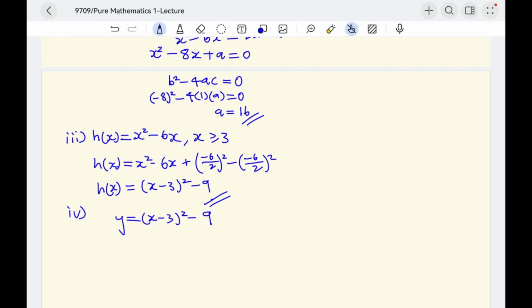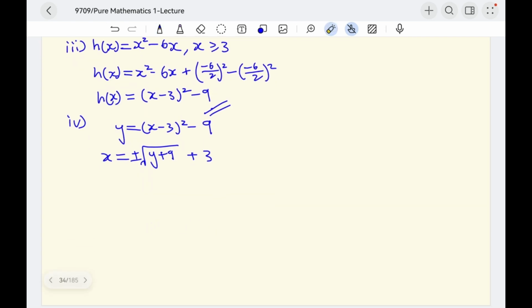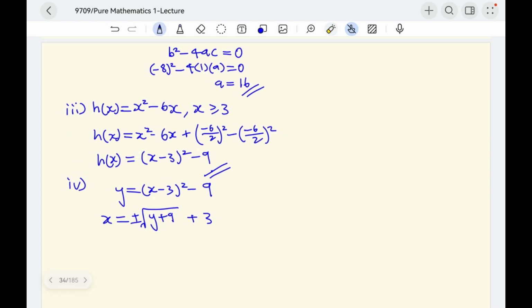Just carry out the reverse process. So I have y plus 9, plus or minus square root, and plus 3. You will see that you have the plus or minus square root of y plus 9, because this is a quadratic equation in vertex form.